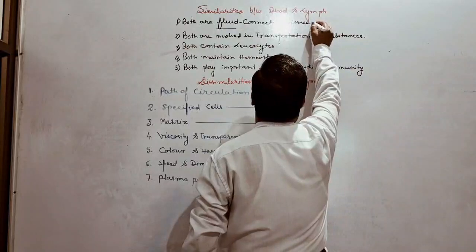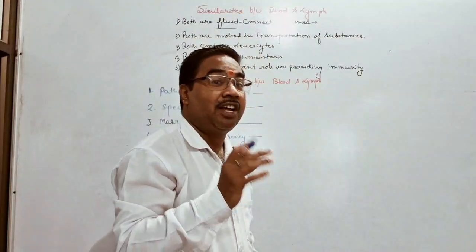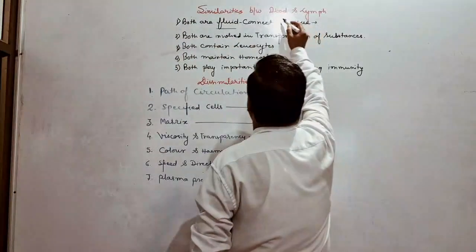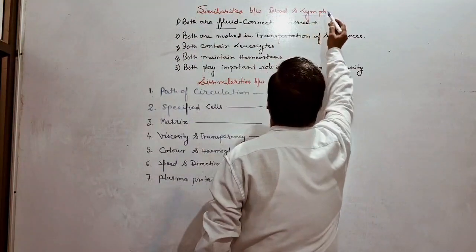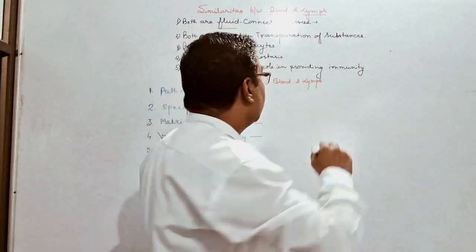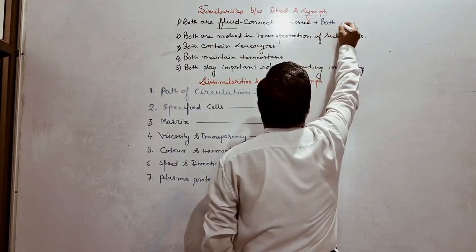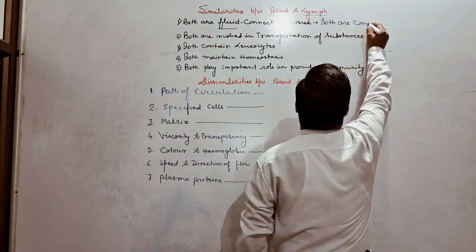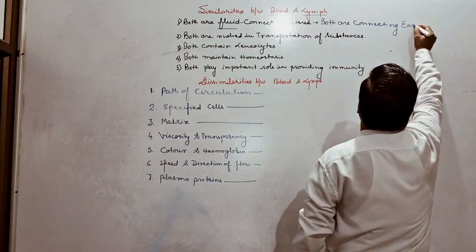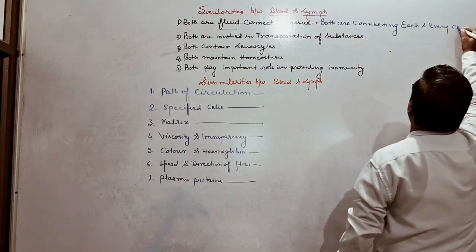Second, if it is a connective tissue, you must remember these are connecting the different parts of the body. So blood and lymph both are connecting each and every cell of the body.